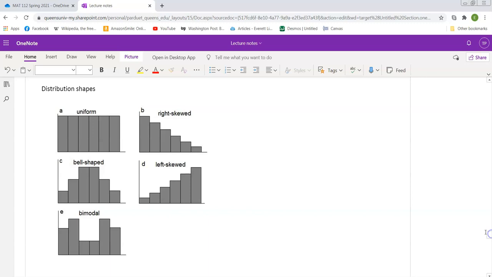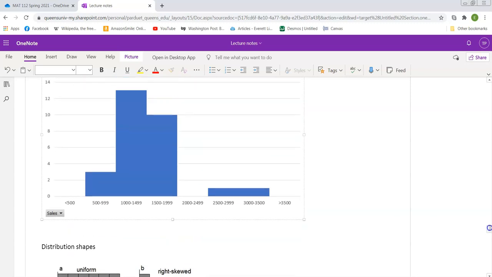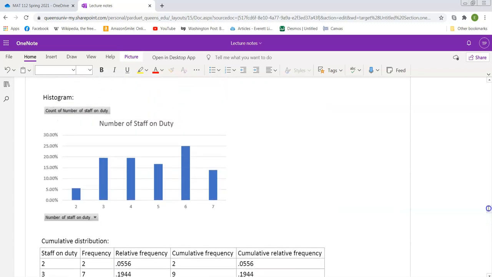The thing with these is, though, that a lot of times histograms don't fit neatly into one of these categories. If we look at the ones we just did, this histogram, I guess as much as anything, it's skewed to the left. You could say it's bimodal, but that's really just because of this one category. So it really doesn't have a good shape in terms of one of those.